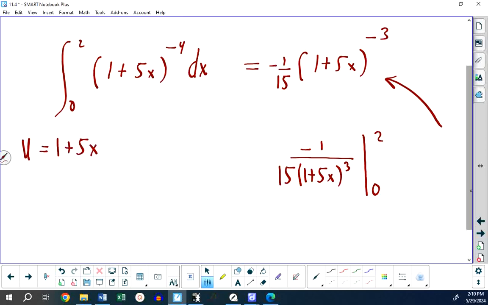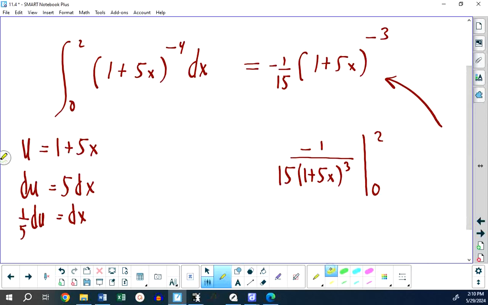What you would do here is you would say u is 1 plus 5x. And that means that du is 5 dx. So what that means is dx is 1/5 du. And finally, what all of that means is this is going to be replaced with u, and this is going to be replaced with 1/5 du.